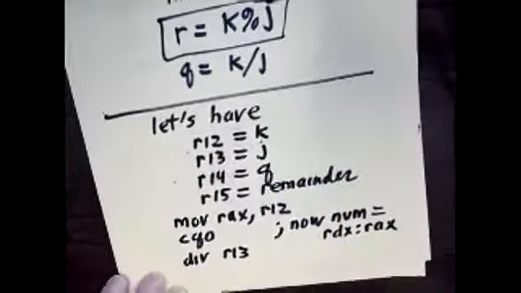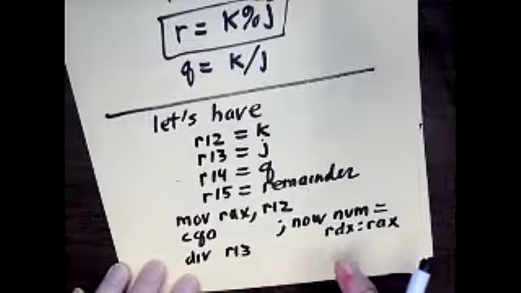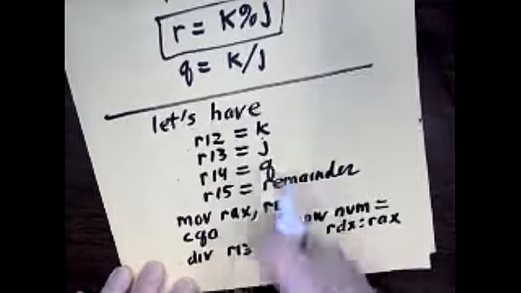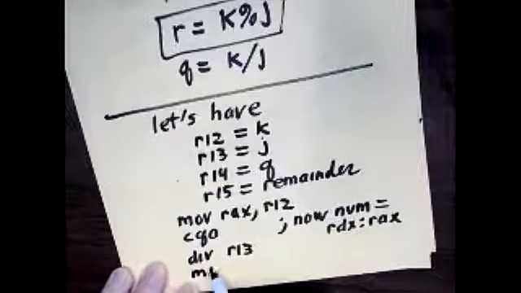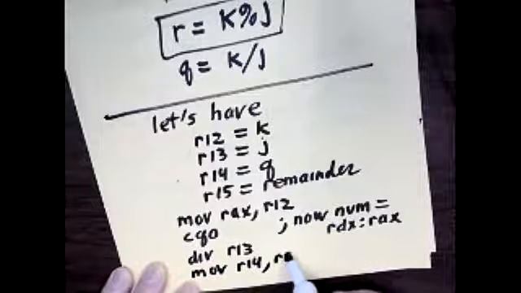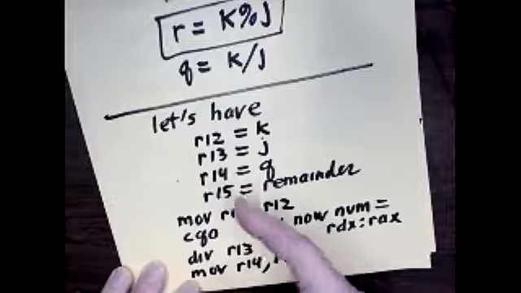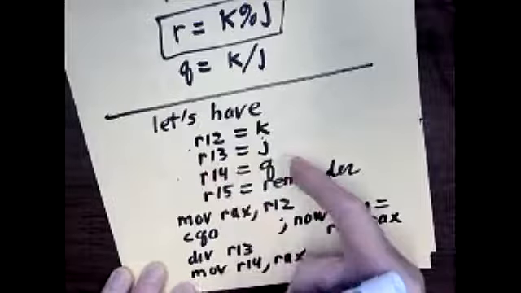The outcome is that the quotient is in RAX. So we want, there it is, move R14, RAX. See, the div put the quotient in RAX, but we're saving it in R14.